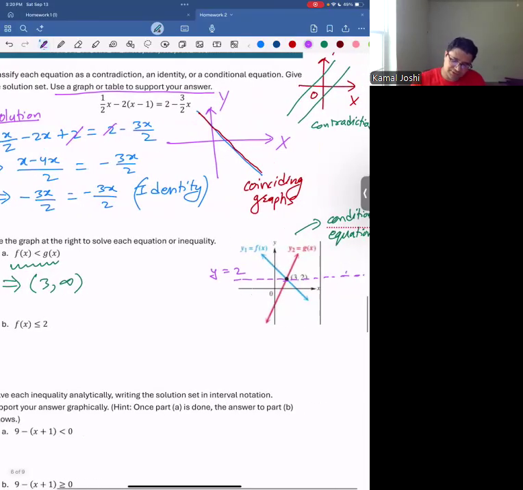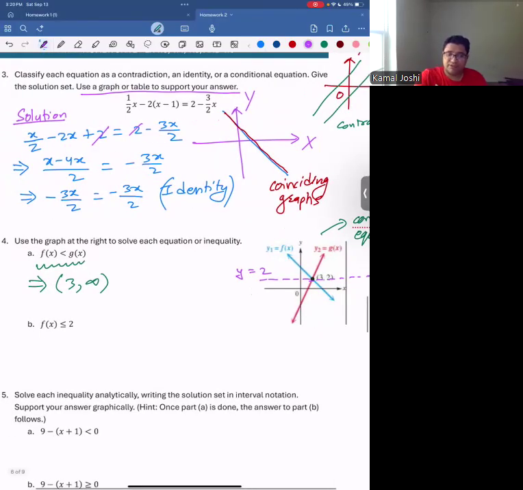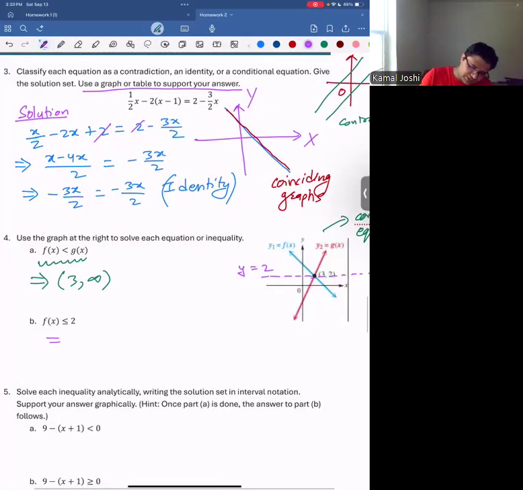So at that point there, the black dot there, f of x is equal to 2. And you want f of x to be equal to 2 or less than 2. And again, if you move to the right, you are less than 2, right? So the answer in this case will be including 2 now. There is a square bracket because it says equal or less than 2, from 2 to infinity.